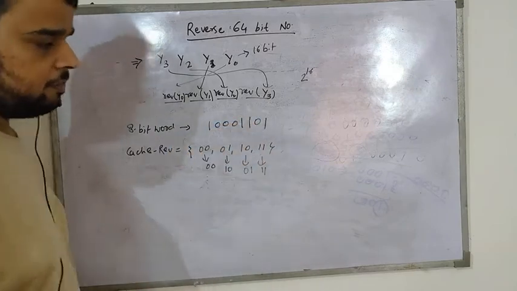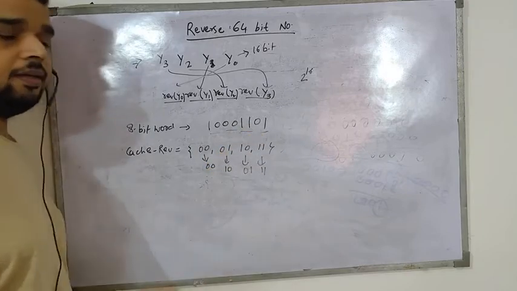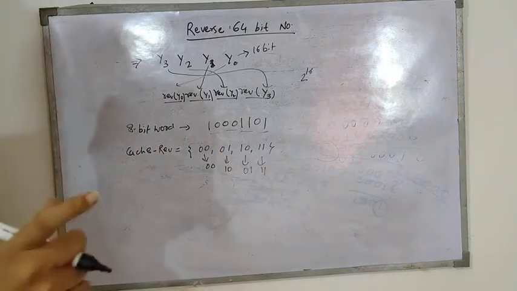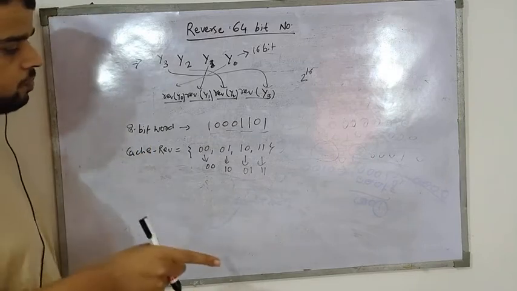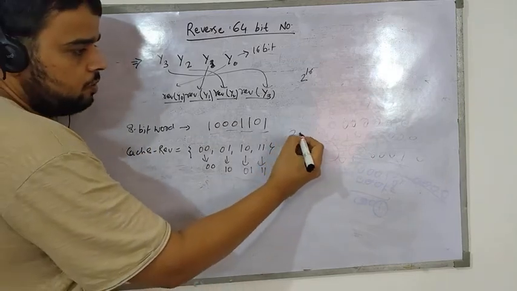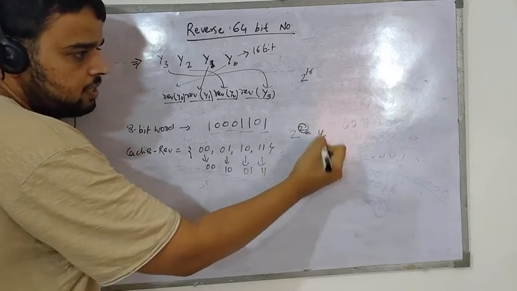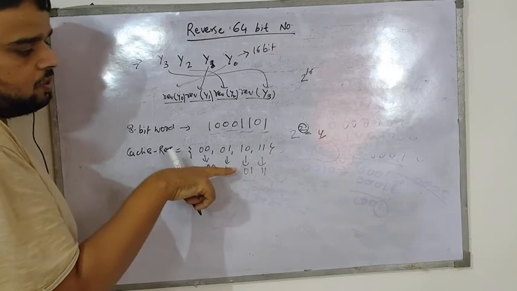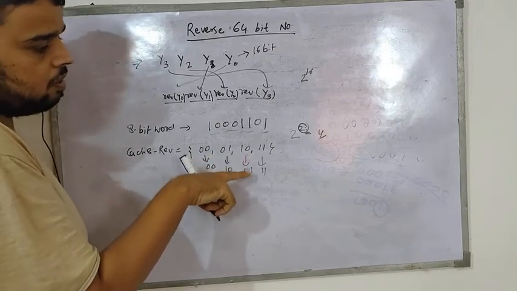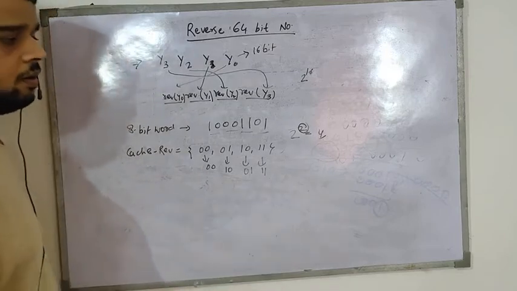Similarly, for 8-bit numbers I have divided into 4 parts and created a cache of size 4, which stores the reversal of size 2. So 2 to the power 2 means reversal of size 2, and the total array size will be 4. Reversal of 00 will be 00, reversal of 01 will be 10, reversal of 10 will be 01, and reversal of 11 will be 11.